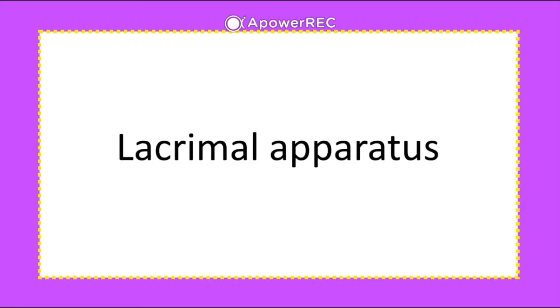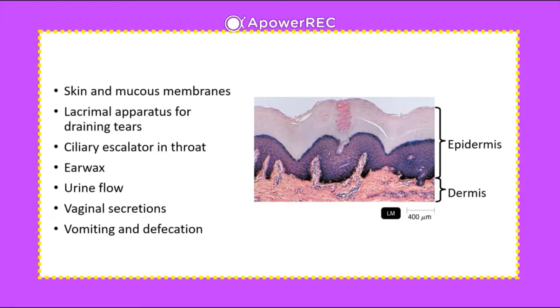Next up is lacrimal apparatus. Okay, so in this image here, we can see a skin structure where you have the epidermis and the dermis. These are for skin and mucous membranes.